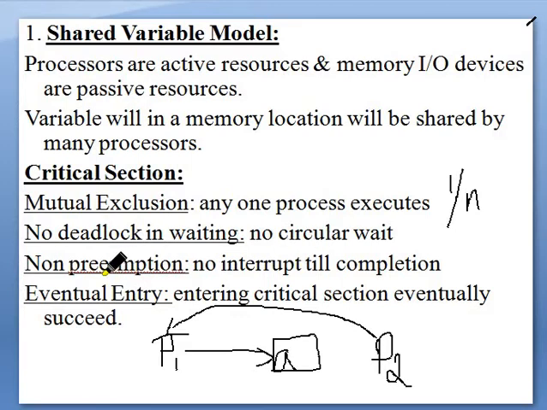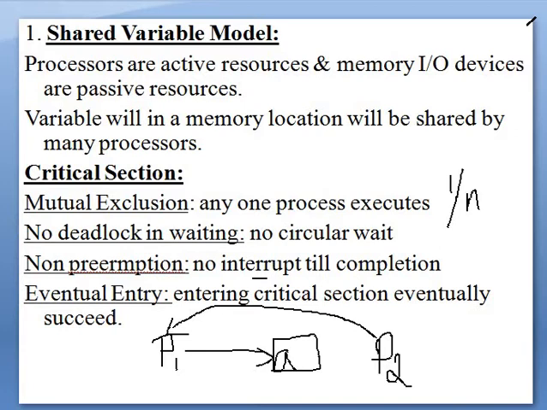Okay, so next one is non-preemption. Non-preemption means until the process completes, there should not occur any interrupt. If an interrupt occurs, processes will not get completed, so they keep waiting or keep being interrupted. There should not be continuous occurrence of interrupts until completion of all the main processes.